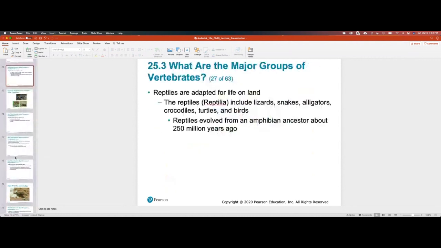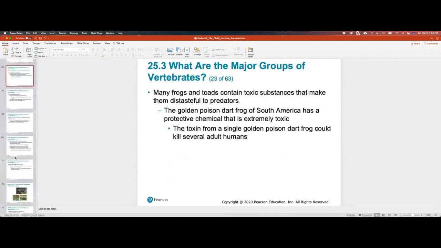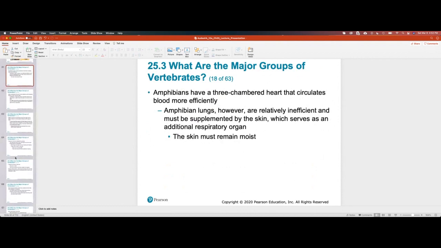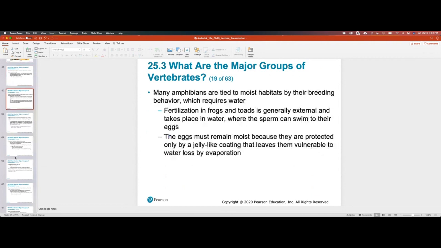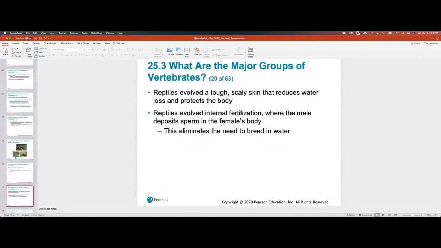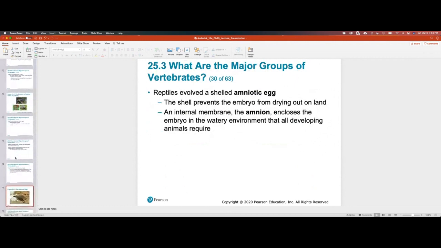If we go back, yeah, amphibians have a three-chambered heart, whereas reptiles can have three or four chambers.